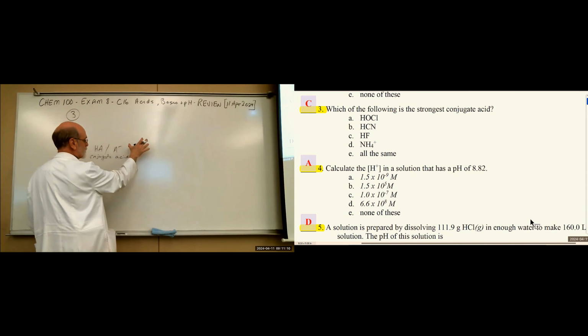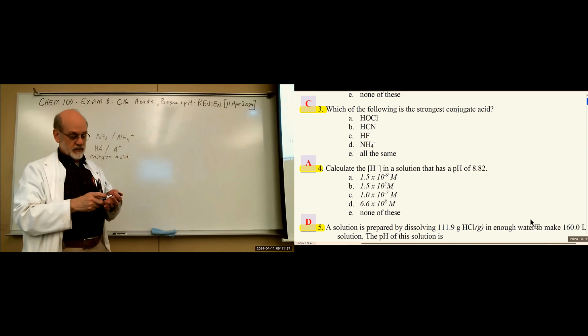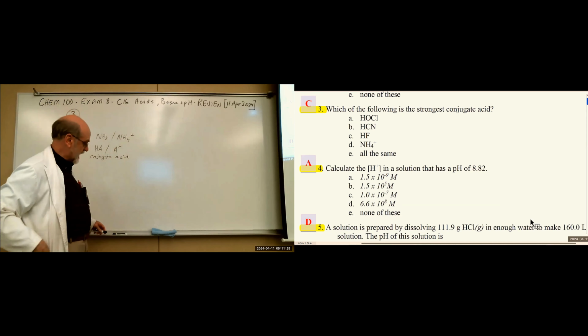Like, for instance, that would be the base. Conjugate acid would be that, because the base accepted a proton. Now this ammonium ion has a proton available to donate. That makes it an acid.